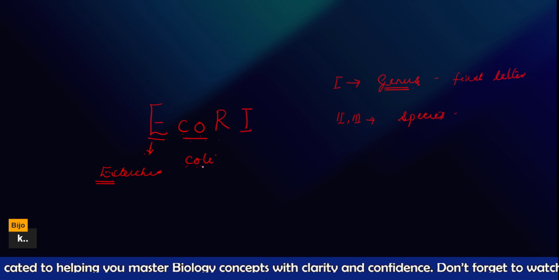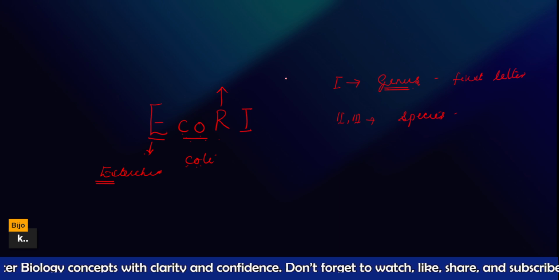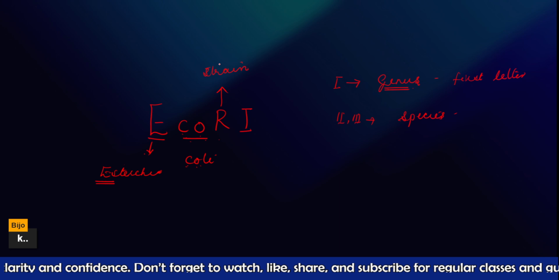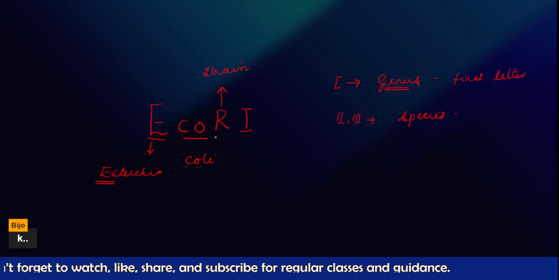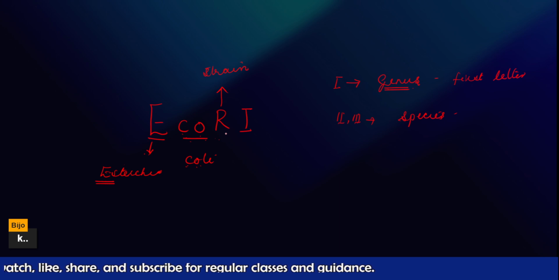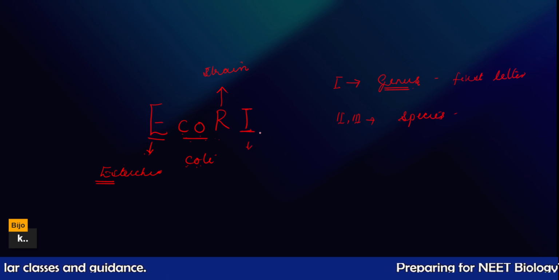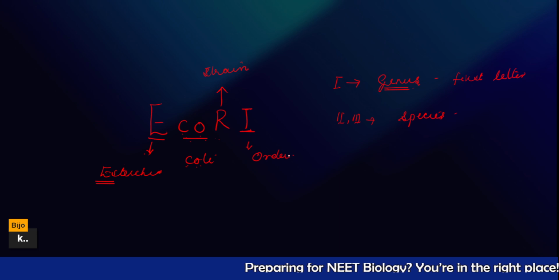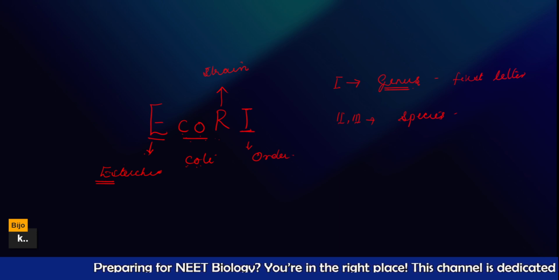The fourth one, R, is the bacterial strain to which this one belongs. This is not an I, this is a Roman numeral. This Roman numeral indicates the order in which the enzyme was isolated from the bacteria. So this is the nomenclature.